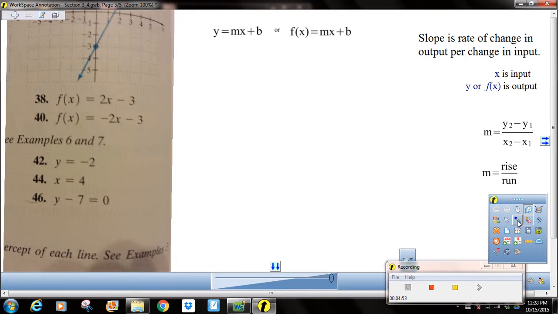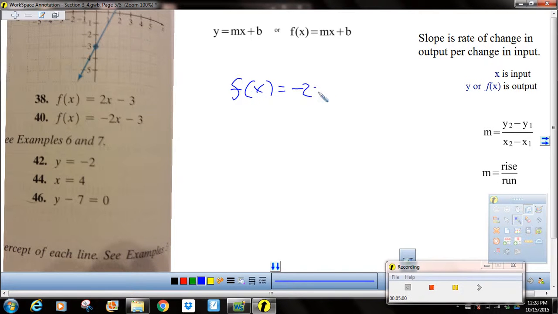Number 40. Slope on this one is -2. Y-intercept is -3. I'm able to do this because this is slope-intercept form, mx plus b. Now to graph it, I'm going to begin at -3.